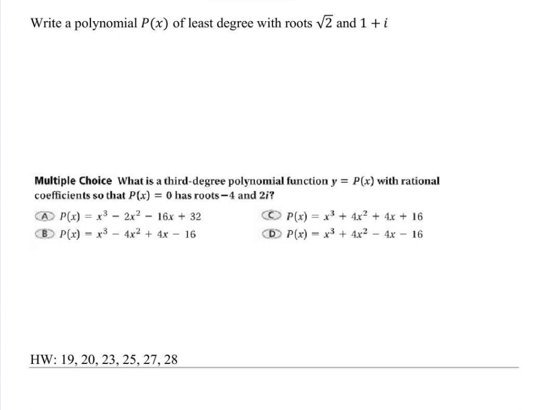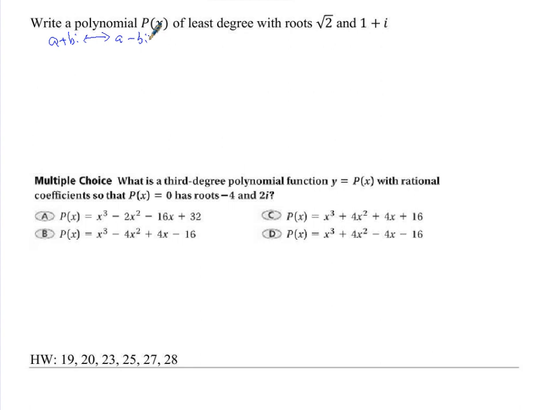All right, we have another example. Write a polynomial of least degree with roots square root 2 and 1 plus i. Okay, using the conjugate root theorem. Remember that a plus bi gives me a minus bi as another root.